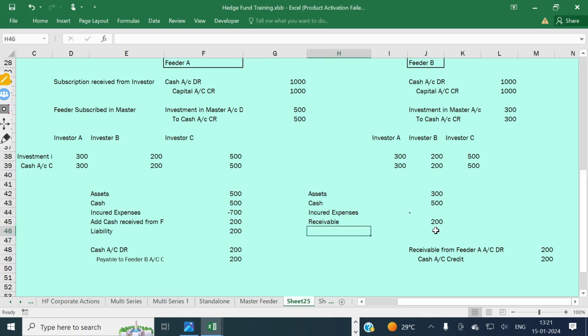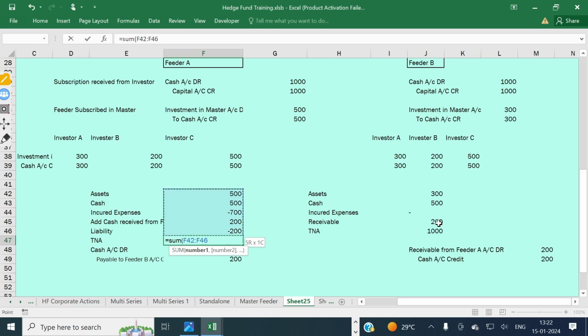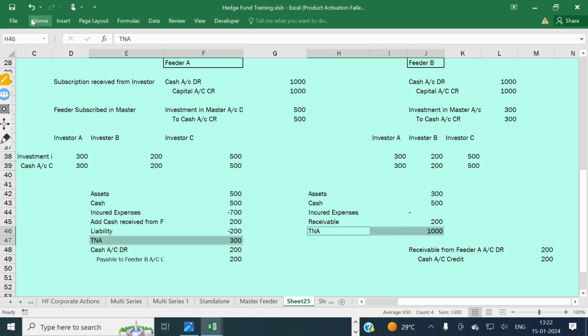If I calculate NAV here, total net assets value, total net assets, see, 1000. 300 only.